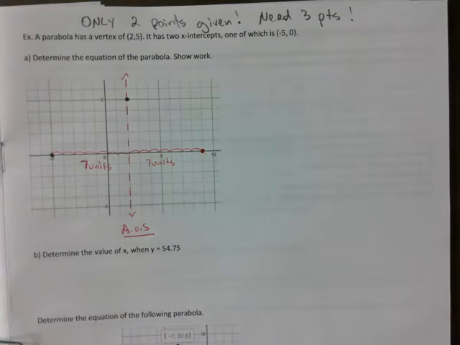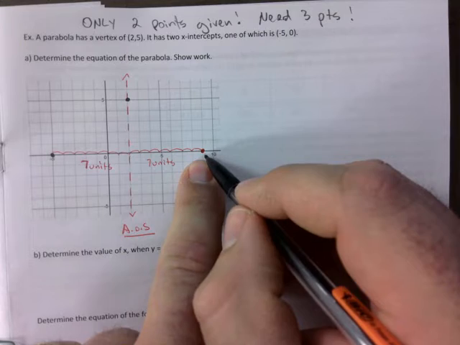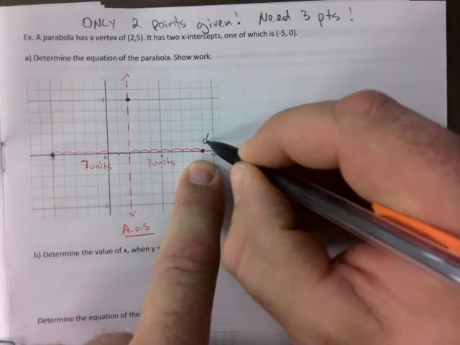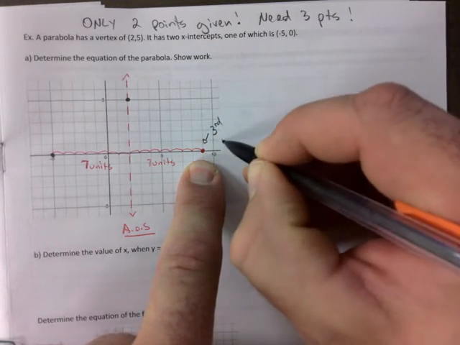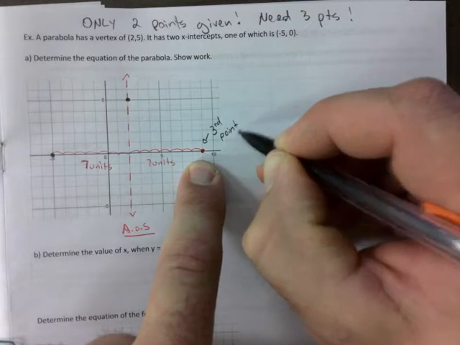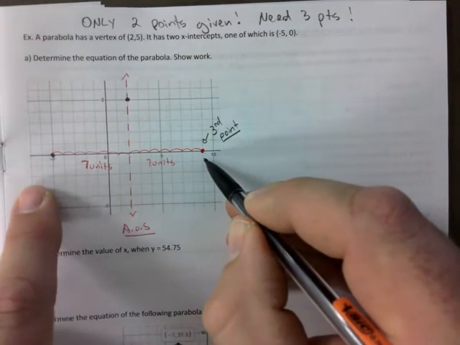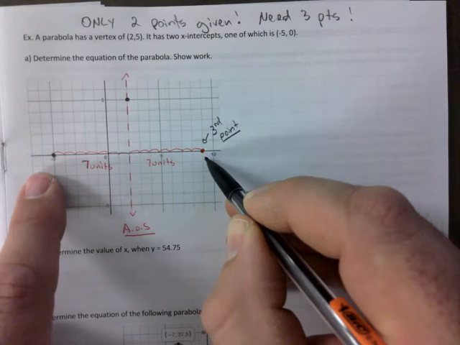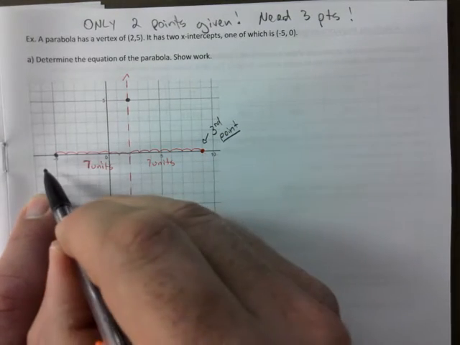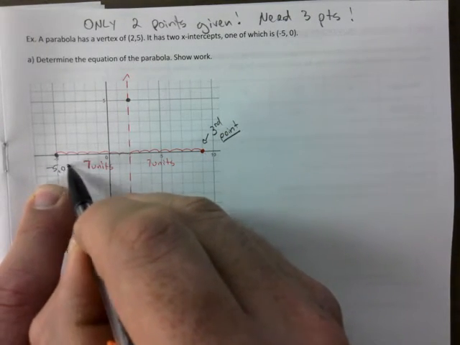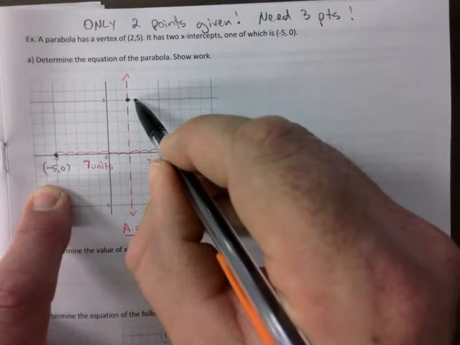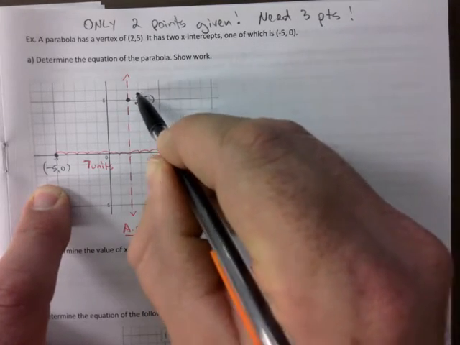So we now know this is our third point. Let's put coordinates to it. Let's write down the coordinates in here. This is 2, 5. This is given.